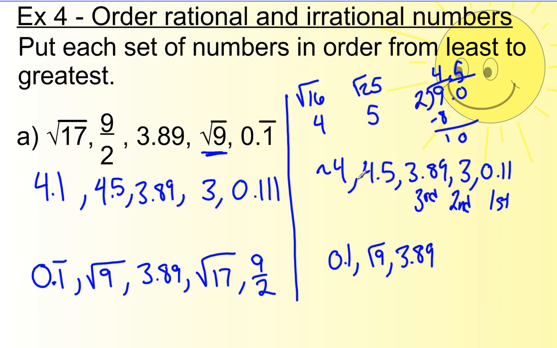And then between about 4 and 4.5, the about 4 would be smaller, so the square root of 17, and finally the 4.5, which was 9 over 2. So we can get the same answer with or without a calculator. Obviously, with a calculator is easier, but it's not undoable without a calculator.